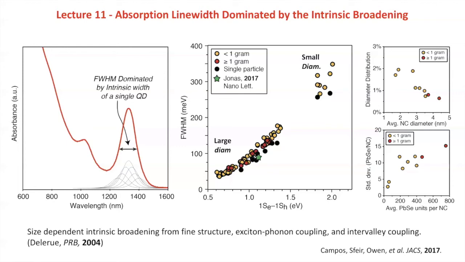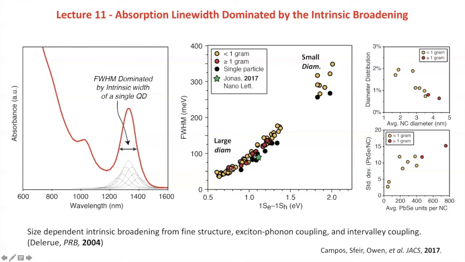And so you're actually taking the sum of many Gaussian or Lorentzian shapes to get this width. And it turns out that the width that you see in this spectrum here in red and the ones I showed you earlier is almost all intrinsic width and not width caused by the distribution in size.